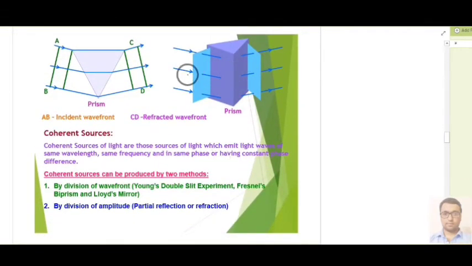In case of a prism, we know that if planar light is coming, then bending of light will occur, and your planar wavefront will change, because the wavefront is perpendicular to the ray, so it will just change its direction.